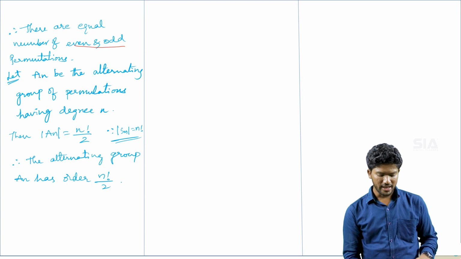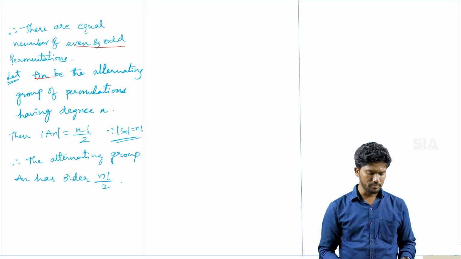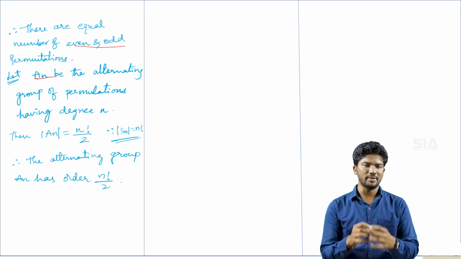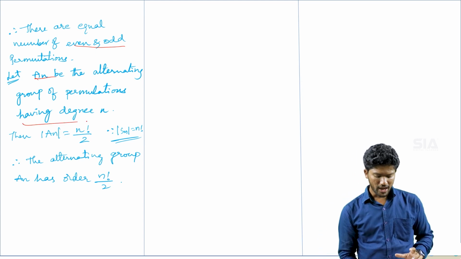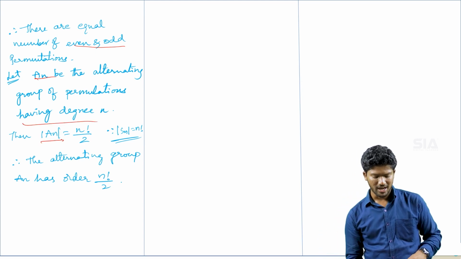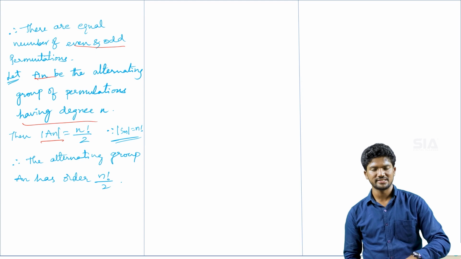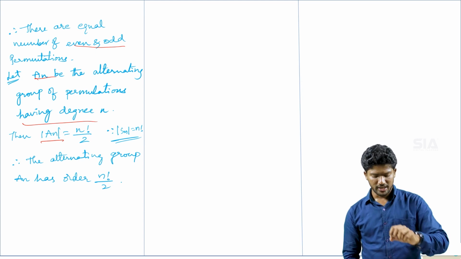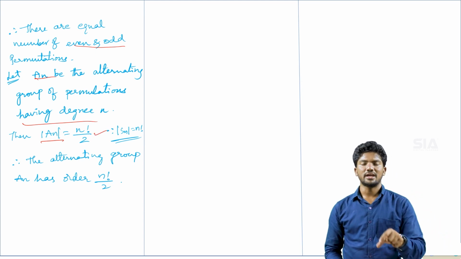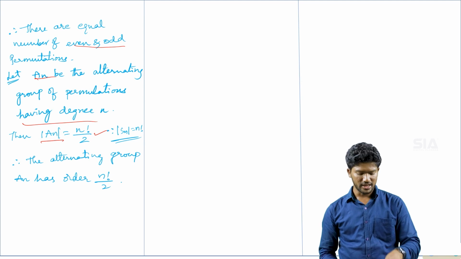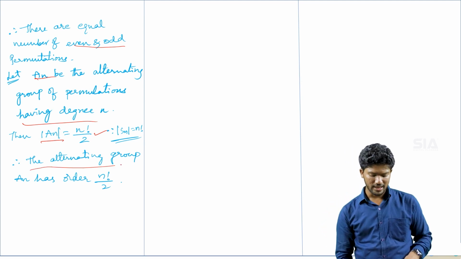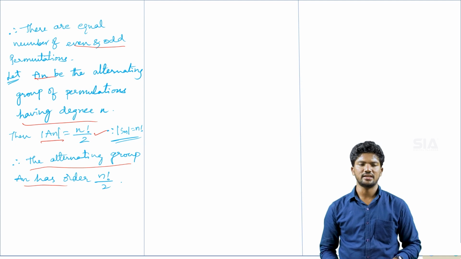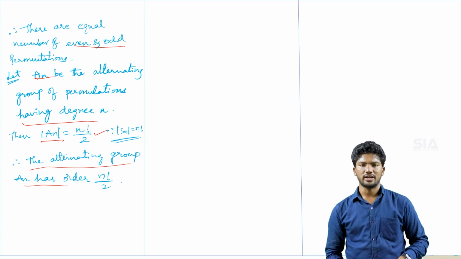Let A suffix n be the alternating group, having degree n. The order of A suffix n, the alternating group, is equal to the total number of even permutations, that is n factorial by 2. So the alternating group A suffix n has order n factorial by 2.